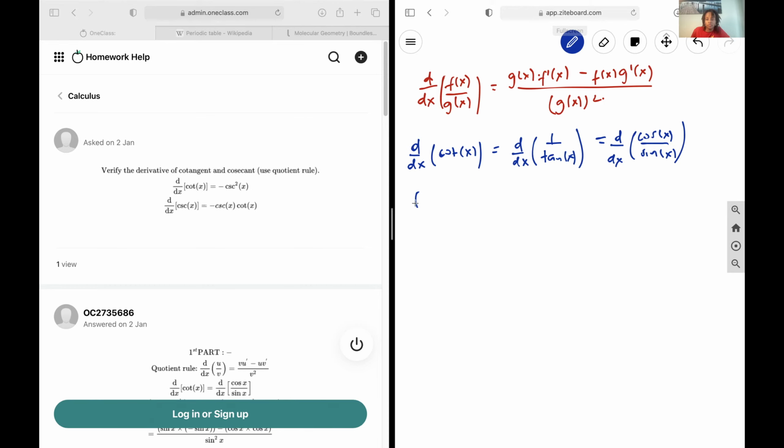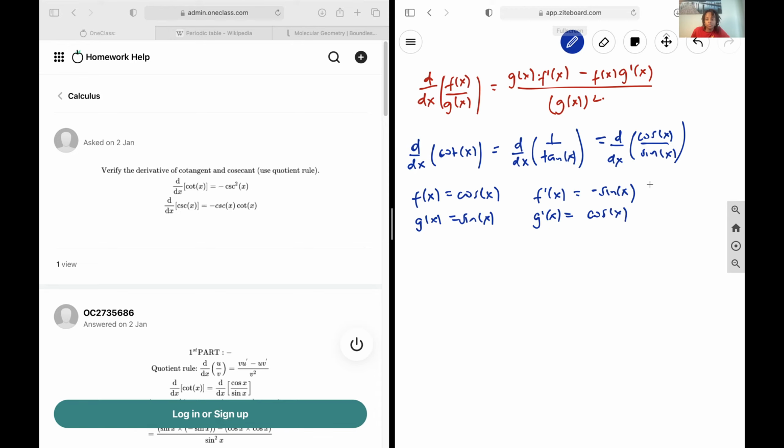And so what that is going to mean is f of x is going to be cos x, so the derivative is going to be negative sine x, and lastly g of x is going to be sine x, so the derivative is equal to cos x.